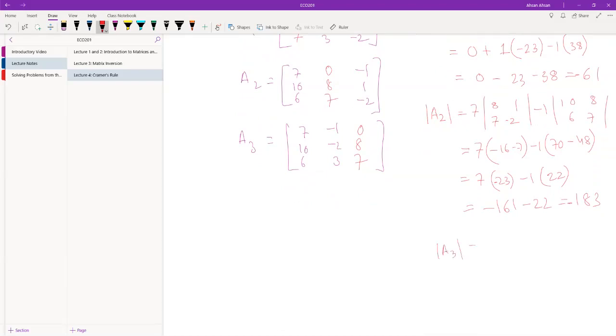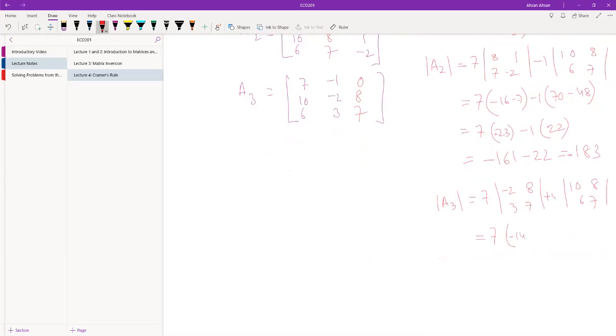Okay. Determinant of A3 is going to give us 7 times the determinant of minus 2, 8, 3, 7, minus 1 times the determinant of 10, 8, 6, 7. So that's plus 1 gives us 10, 8, 6, 7. So that gives us 7 minus 14 minus 24 plus 1. 70. Minus 8.